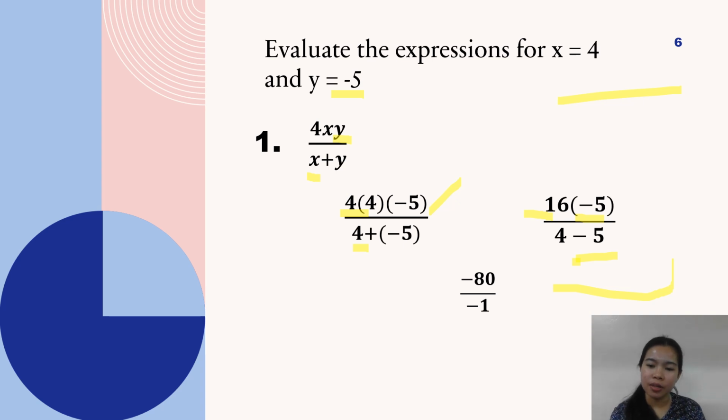Here is the final answer, 80. We got it by multiplying 16 times negative 5. That's negative 80. And 4 minus 5, so you got a negative 1. But when you divide a negative sign by a negative sign, you will be able to get a positive sign.